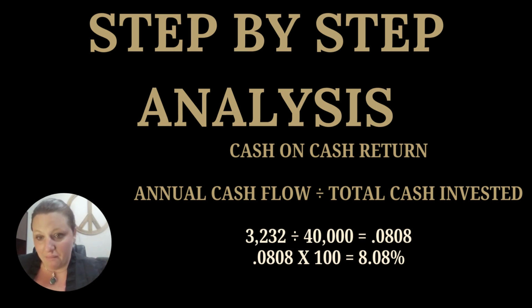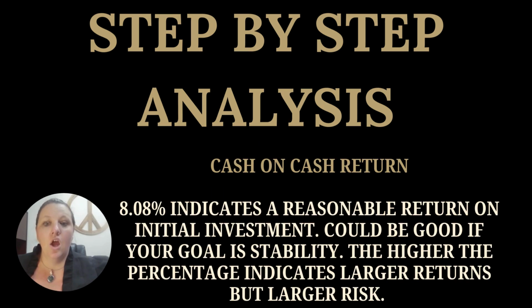So you multiply that by 100, just like you did on the cap rate, and that gets you an 8.08% cash on cash. So as we discussed before, cash on cash is what your return on your initial investment is. So an 8.08% return could definitely be a good one. It indicates the potential for larger returns.